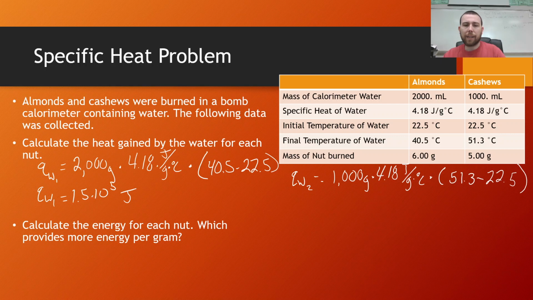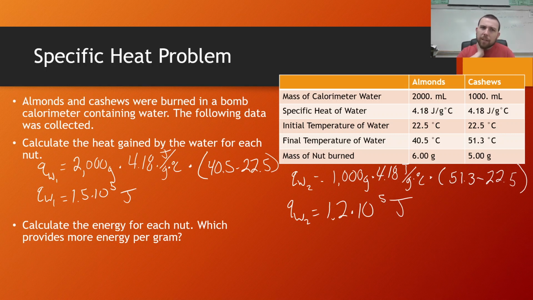So we've got 1,000 times 4.18 times 51.3 minus 22.5, and QW2 equals 1.2 times 10 to the 5th joules. So that's how much energy was gained by the water.